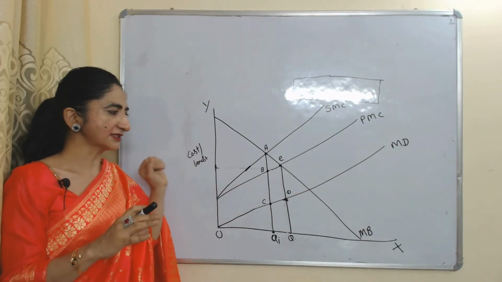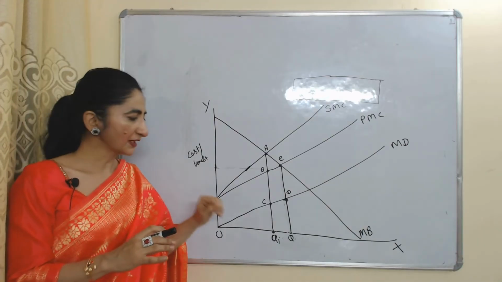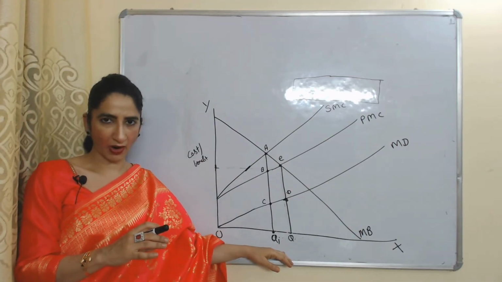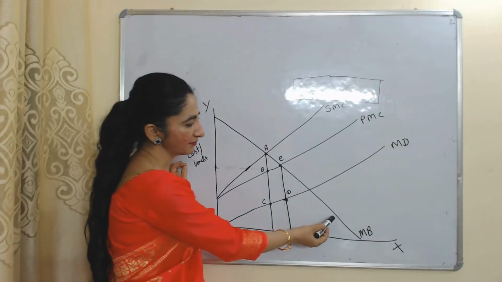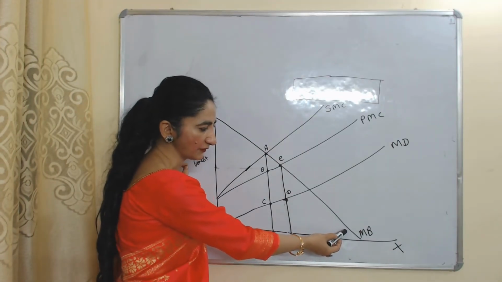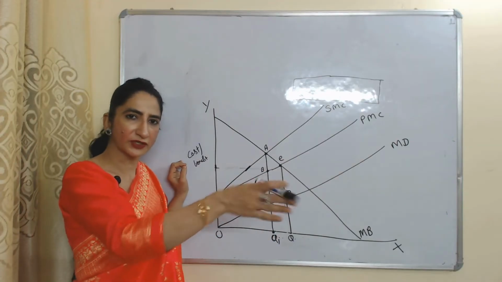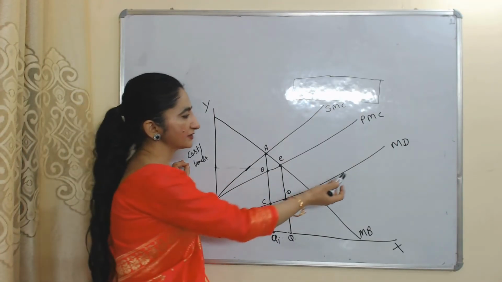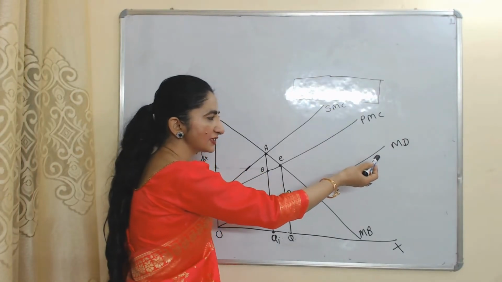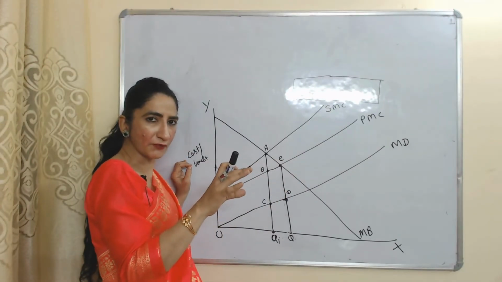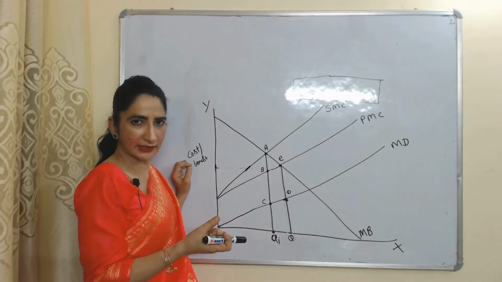Now we understand this theorem with the help of one diagram. In this diagram, on the x-axis we have output and on the y-axis we have cost and benefit. This MB curve shows a marginal benefit from an additional unit of goods and services. And this MD curve shows marginal damage. Marginal damage means the loss of someone because of negative externalities.